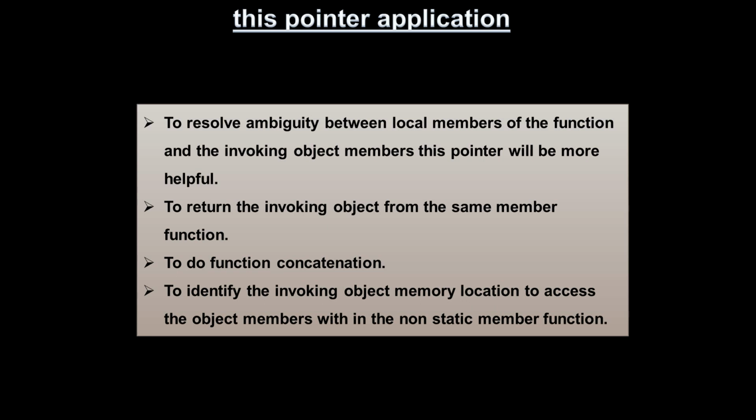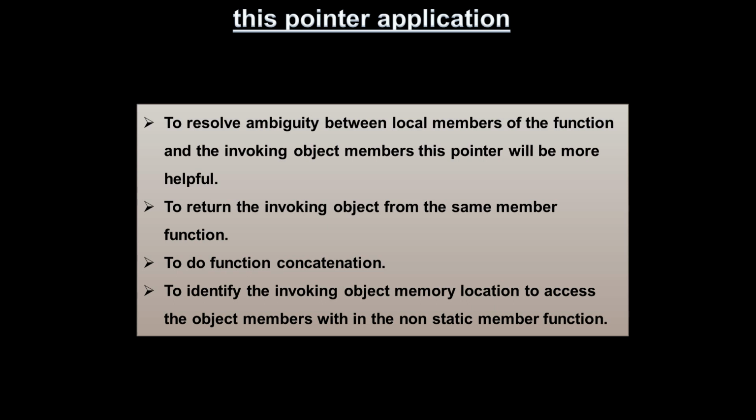We can also do function concatenation, like set details and display function, both together. From one member function you can return an object of the same class, and with that object you invoke another function. You can even add one more function, but make sure the display function also returns one more object, with which you can invoke it.